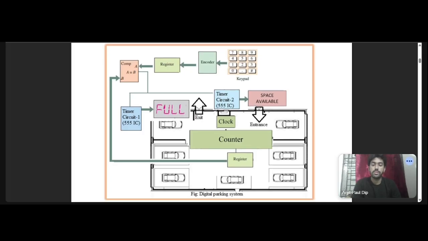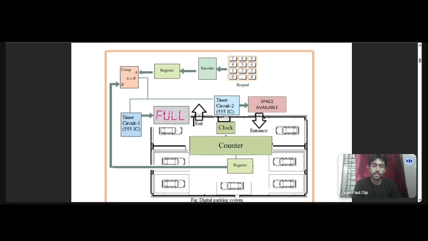So to solve the circuits, we have to keep in mind that the maximum capacity we have by our student ID, but to count the exiting and entering cars, we must have an up down counter, which is possible to make by using synchronous counting systems.